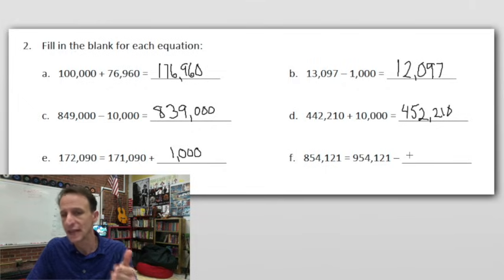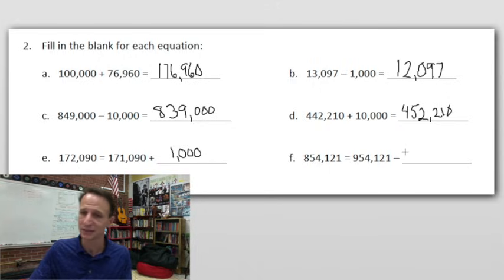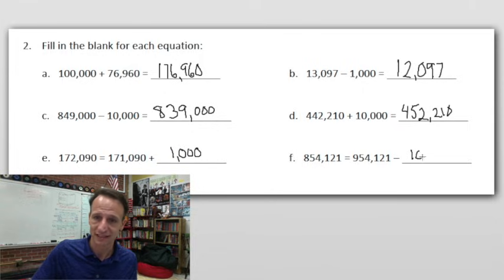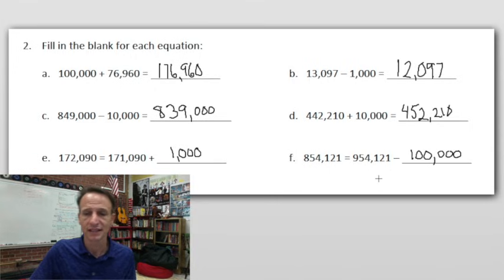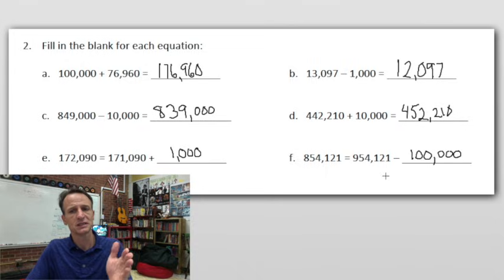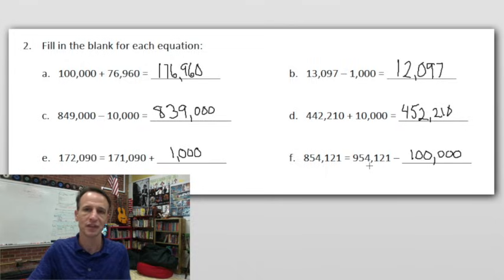Well, you're going from 9 in the 100,000s place down to 8 in the 100,000s place. And so what are you subtracting there? Yes, 100,000. And there you go. Does that make sense? 954 minus 100 is 854. Makes perfect sense. And so number 2 is done.